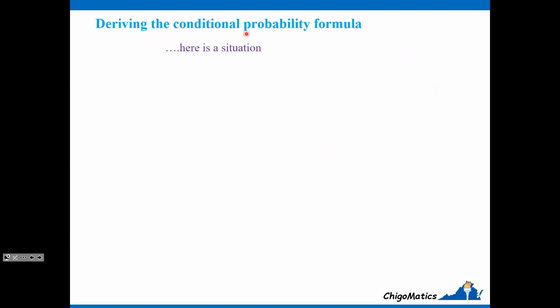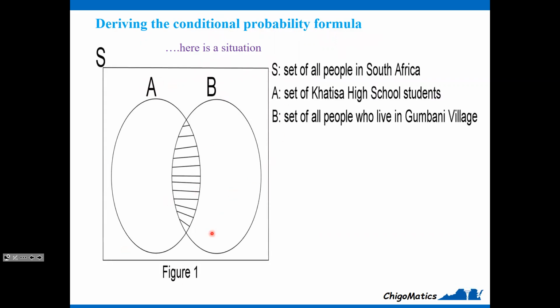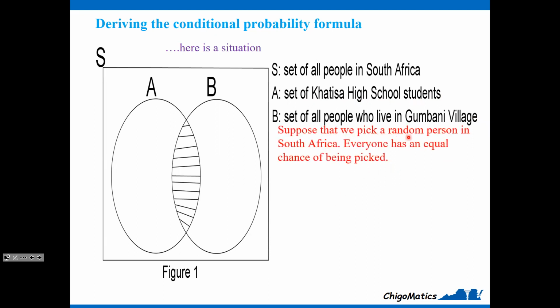Let us derive the conditional probability formula. Here is a situation. In this Venn diagram, S is the set of all people in South Africa, A is the set of Katisa High School students, and B is the set of all people who live in Gumbani village. Now, suppose that we pick a random person in South Africa.